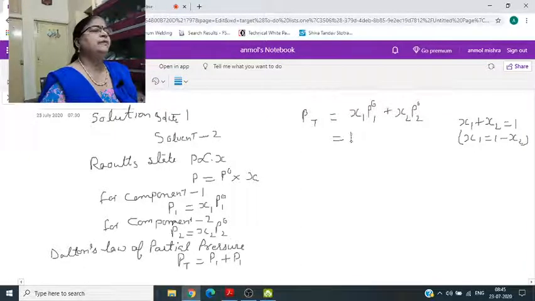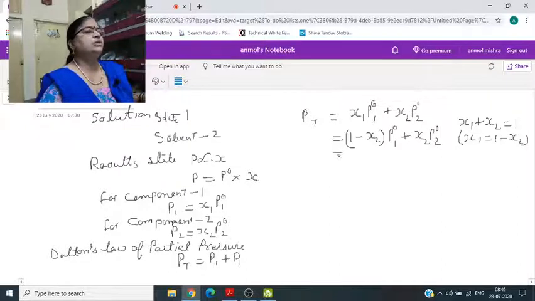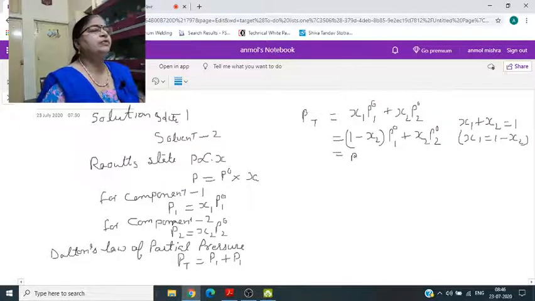So it will be (1 minus X2) P01 plus X2 P02. If you multiply this, it will be P01 minus X2 P01 plus X2 P02.